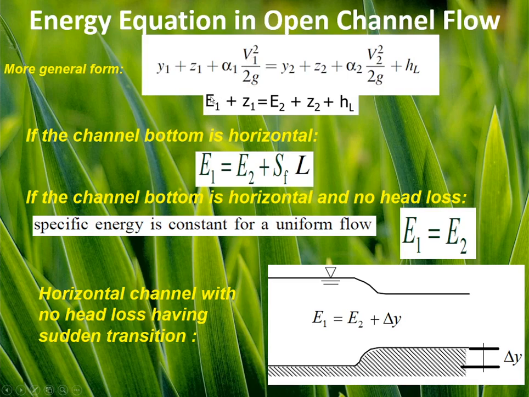And for the case of varied flow, specific energy plus height of the bottom of the channel in section 1 will be equal to the specific energy at section 2 plus height of the channel at section 2 plus the head loss if we have.